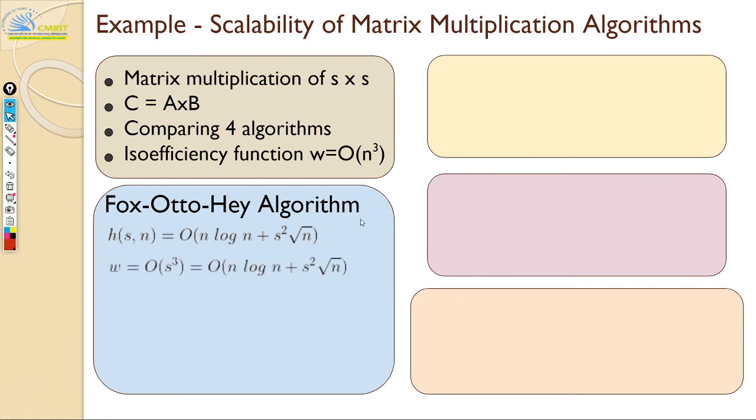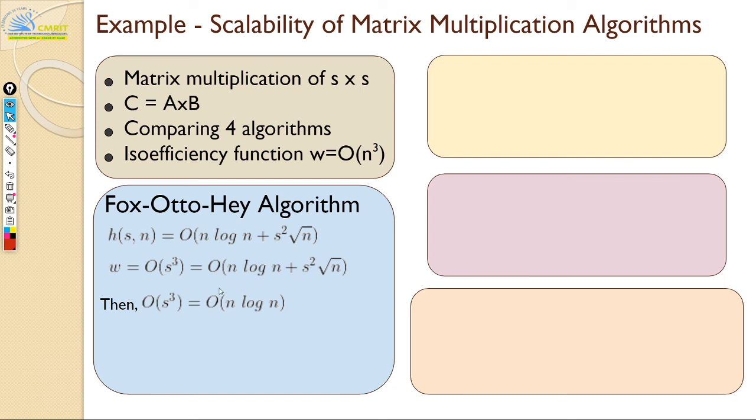For iso-efficiency, your algorithm's O of s cube should be the same as your overhead, because they're directly proportional. You want to keep your workload the same as your overhead. If you have this, then you will have constant efficiency. So O of s cube should be equal to O of n log n plus s squared root n.